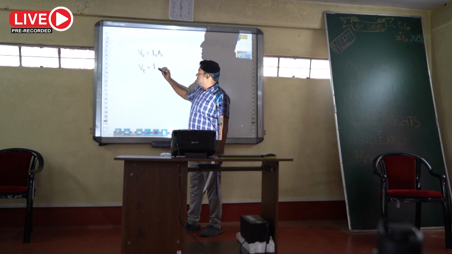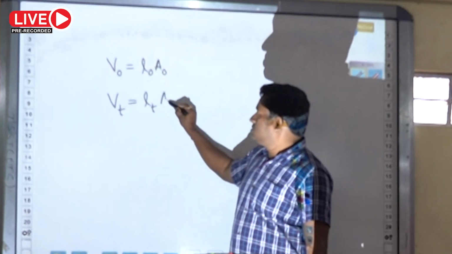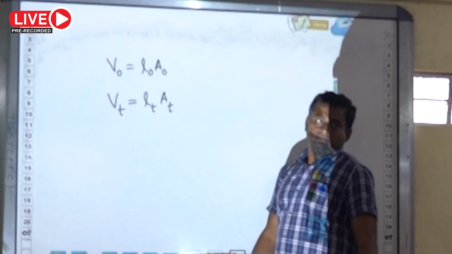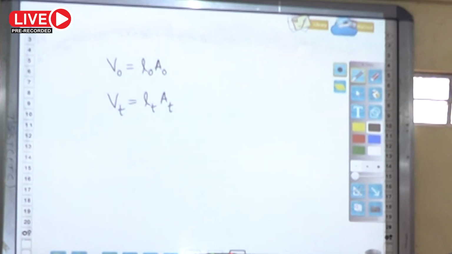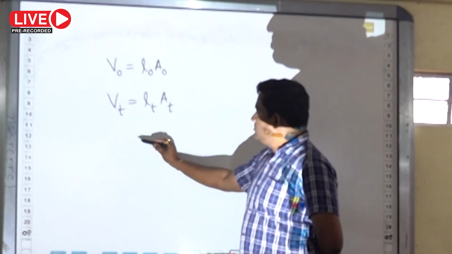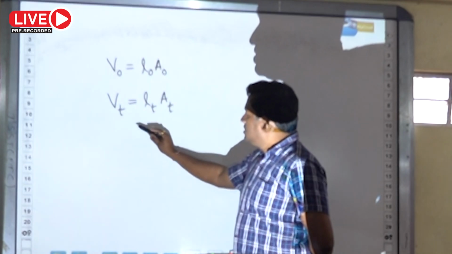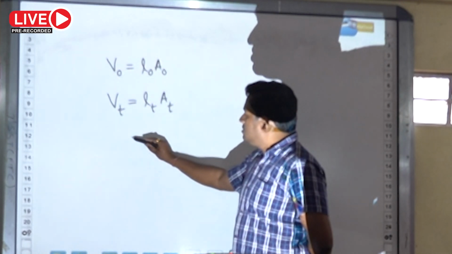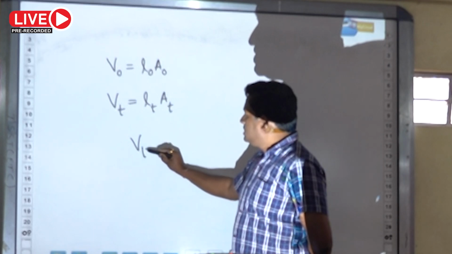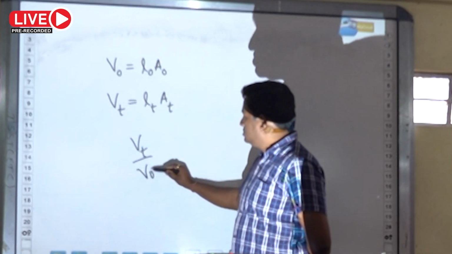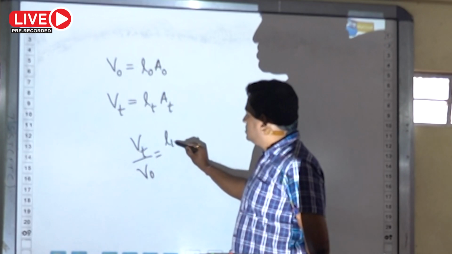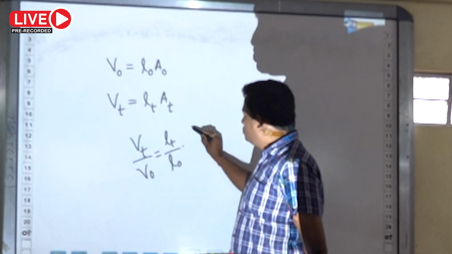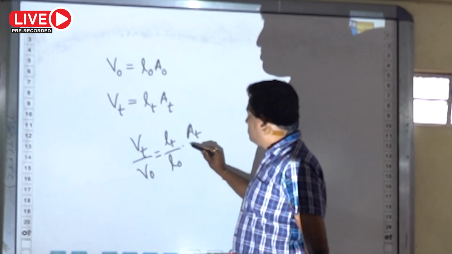it will be Lt into At. Then you have to find Lt from this. If you divide these two, we can write Vt by V naught equal to Lt by L naught into At by A naught.